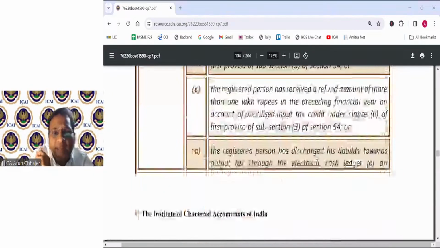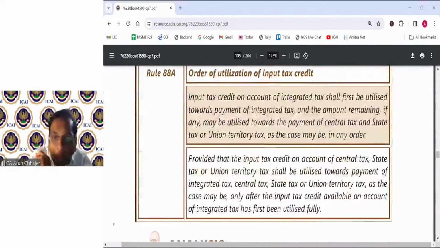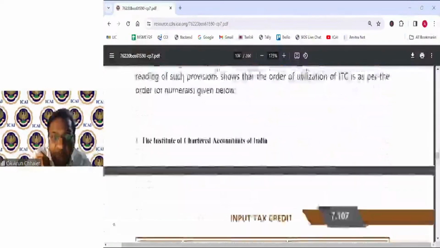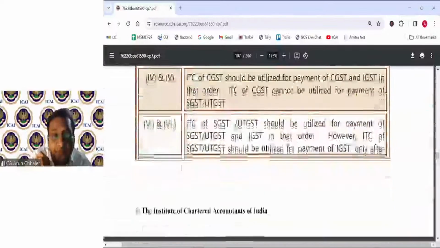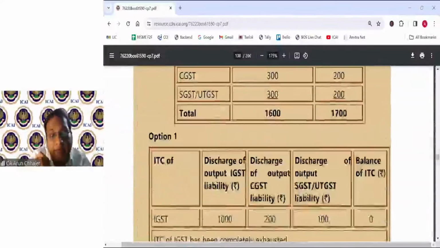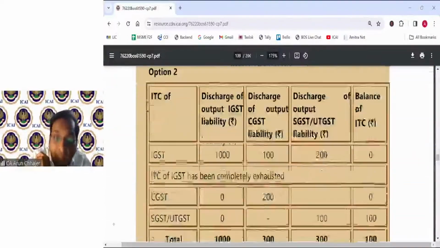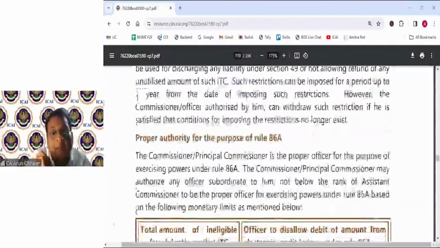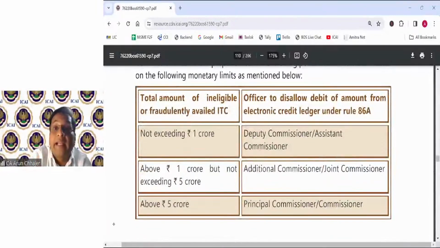Now they have divided the power amount-wise by designation. It means the power under rule 86A has been apportioned to different tax officers depending upon the liability or ITC.